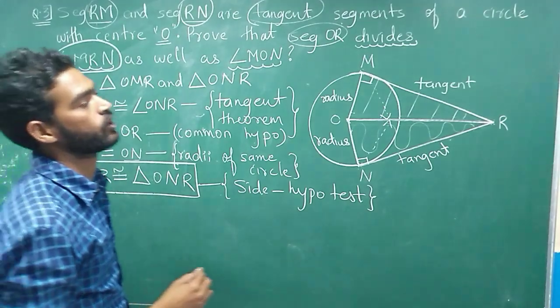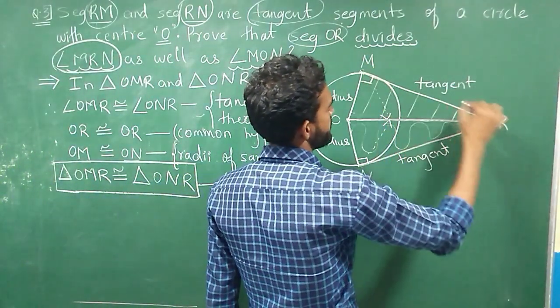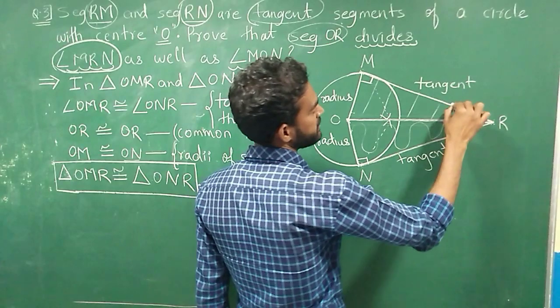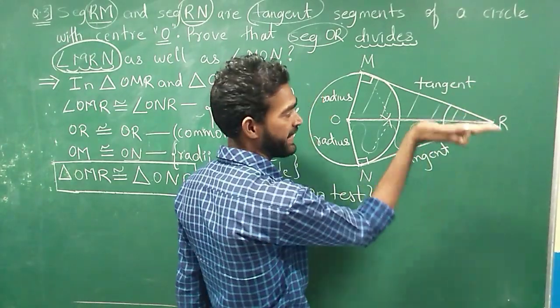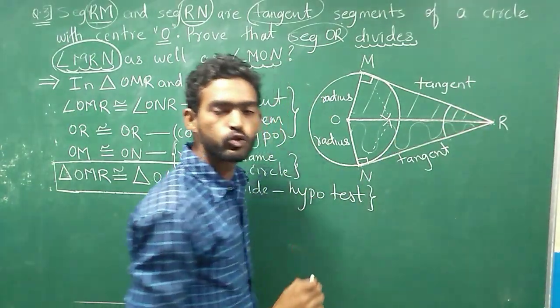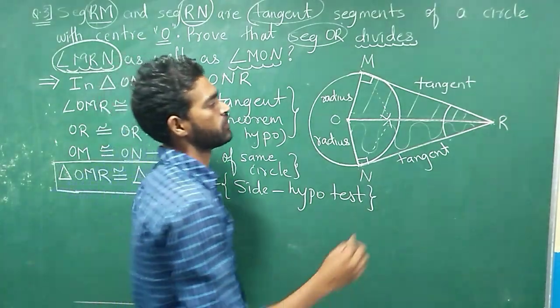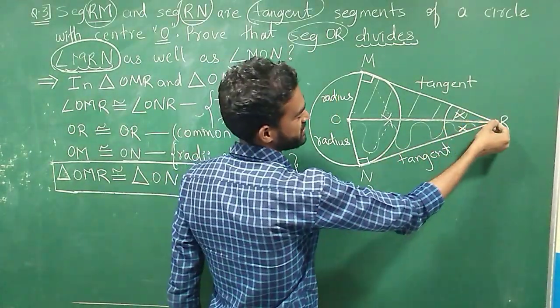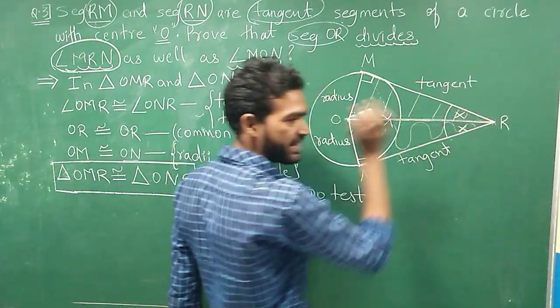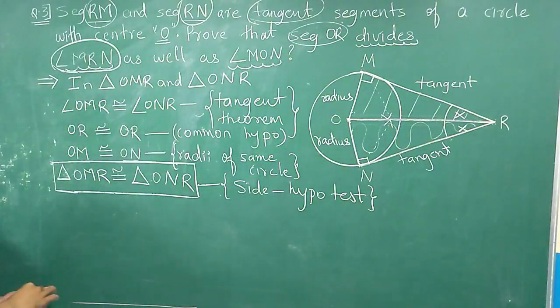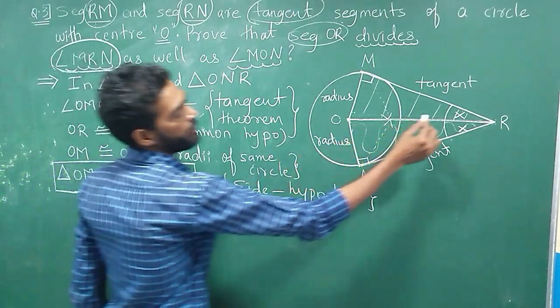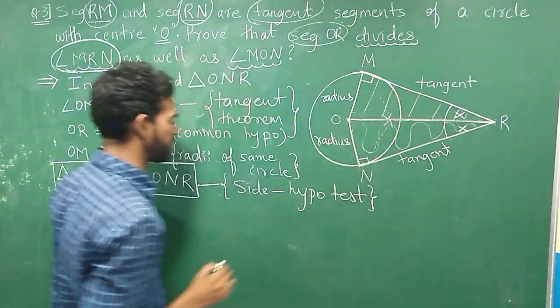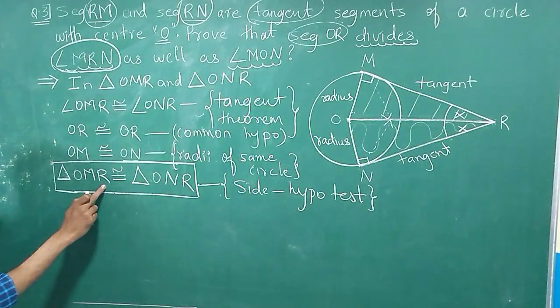Now the main question comes. Angle MRN, where is it? Look, this is my angle MRN, this greater angle. If I divide or bisect this angle, I'll get two equal angles. It means these two should be equal. If they are equal, it means this line is bisecting it. Let's see. This upper angle is in the upper triangle OMR.